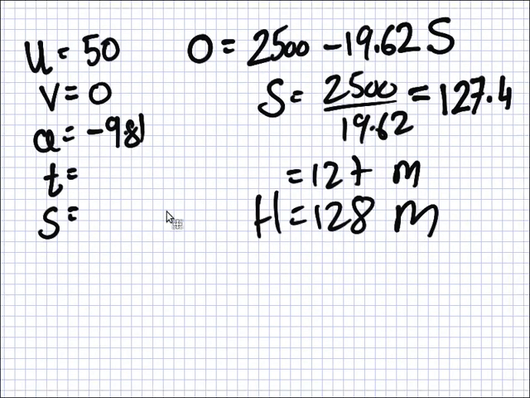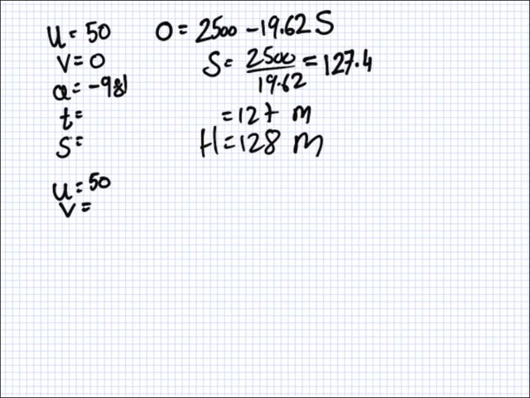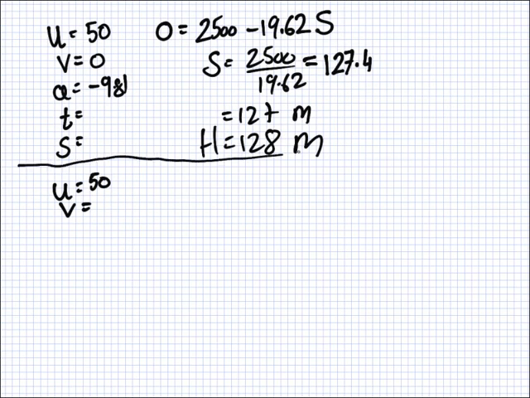Okay, let's do that part. u, 50. v, don't know. For the second part, a, minus 9.81. t, don't know. That's what we want.